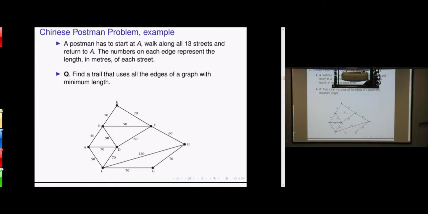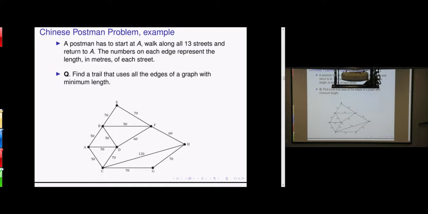Our job is to find such a trail with minimum length, right? You can wander around, you can travel this 100 times, but then the length would be too big. So you want to find the minimum possible length. Okay, so you see the problem, right?